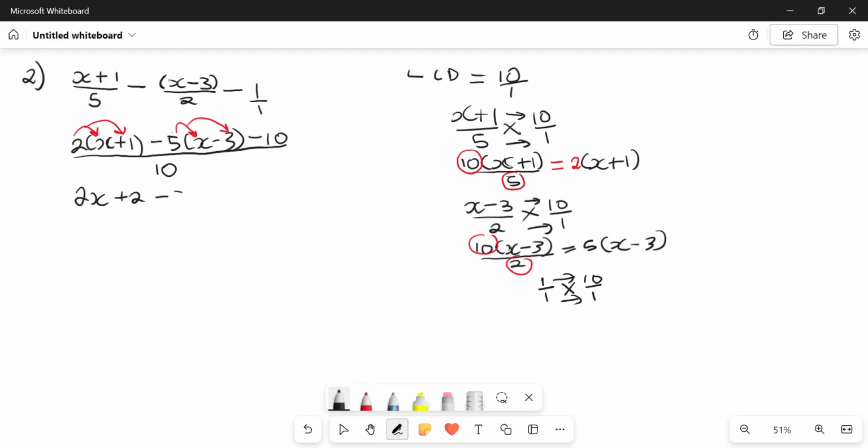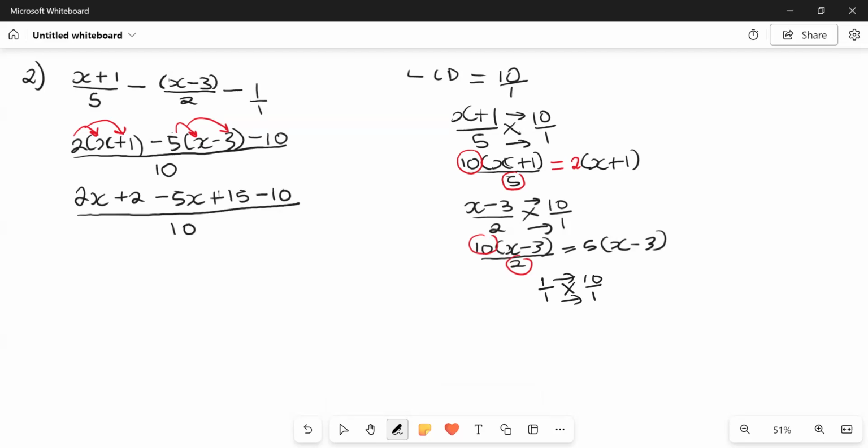And then minus 5 times minus 3, we get positive 15, right? And then next from there, we drop down that minus 10, divided by 10.